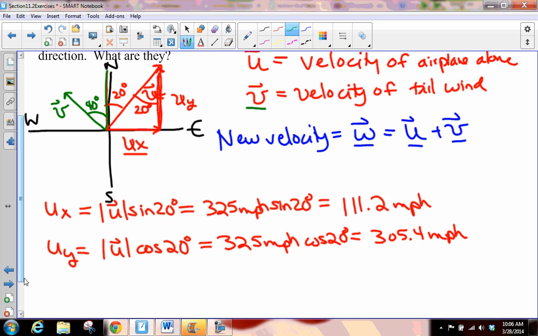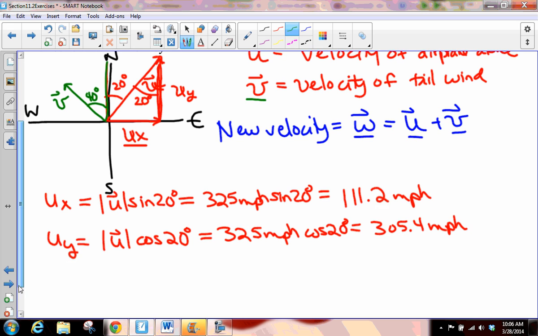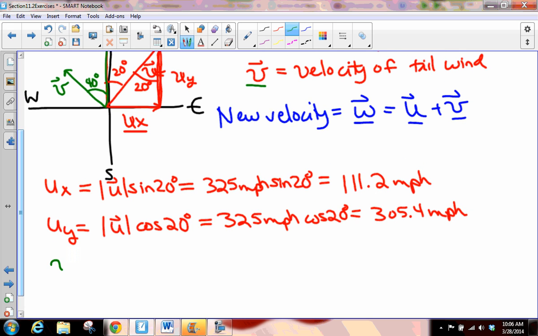And now I can look at v. So my vx component, which is going to point in the negative direction, will go like this. This will be my vy, and I know that this angle here is going to have to be 40 degrees because, again, those are alternating interior angles.